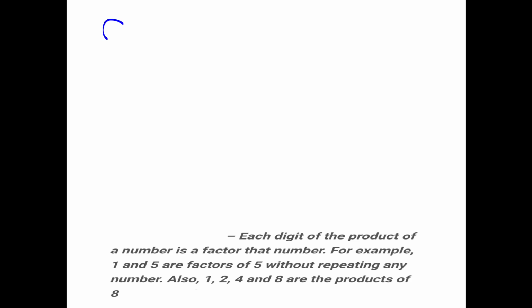And as for number 9, it can be expressed as 1 multiplied by 9. What else? 3 multiplied by 3. Very good. Is there another? 9 multiplied by 1, which is the same thing as saying 1 multiplied by 9. Very good. And to the last number, which is what? 10.